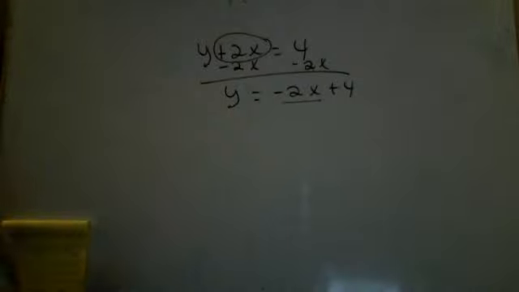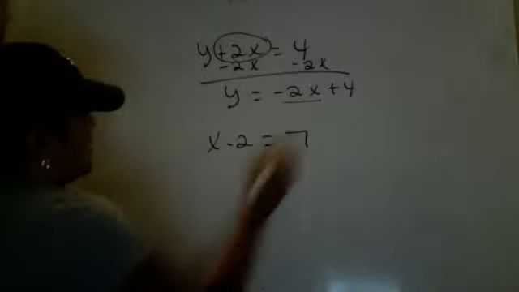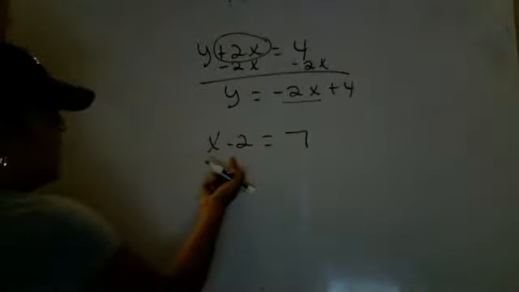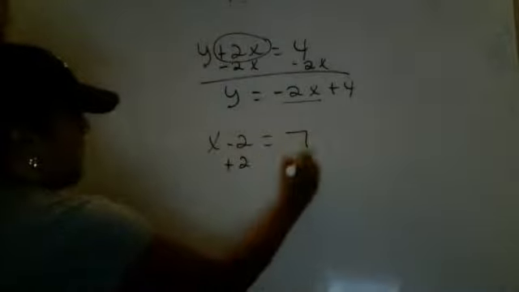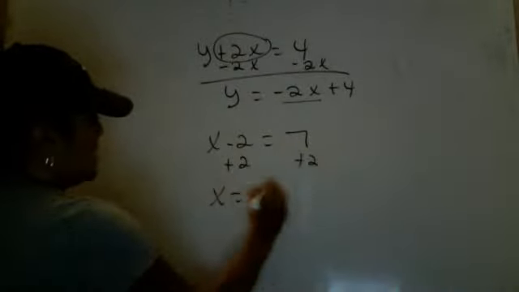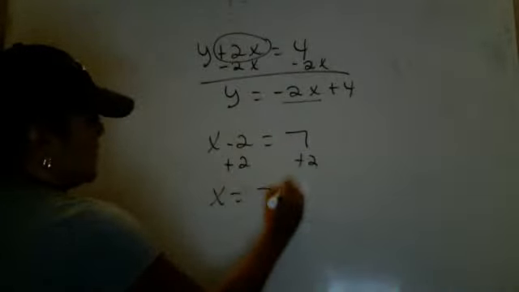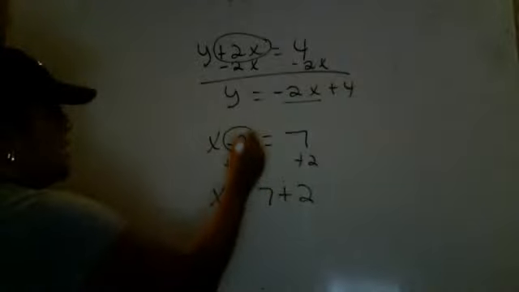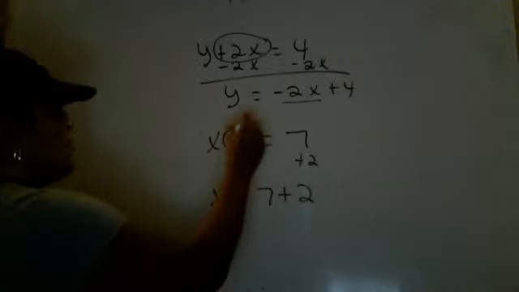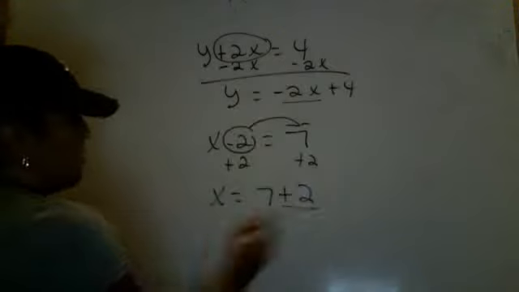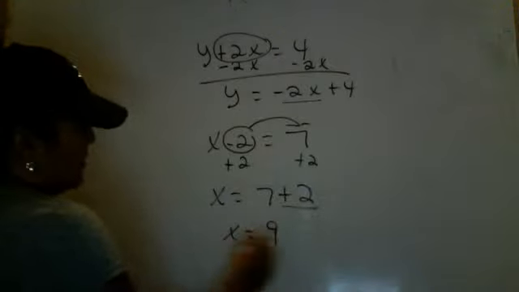Yes? So let's look at this one. x minus 2 equals 7. I want to solve for x, so I'm going to add 2 to both sides, and x equals 7 plus 2. So this was originally negative 2, but when it moved to the right side, it became a positive 2. This is simply x equals 9.